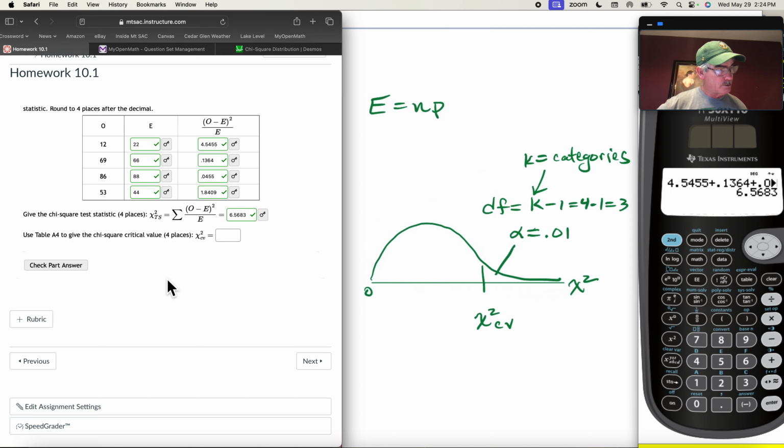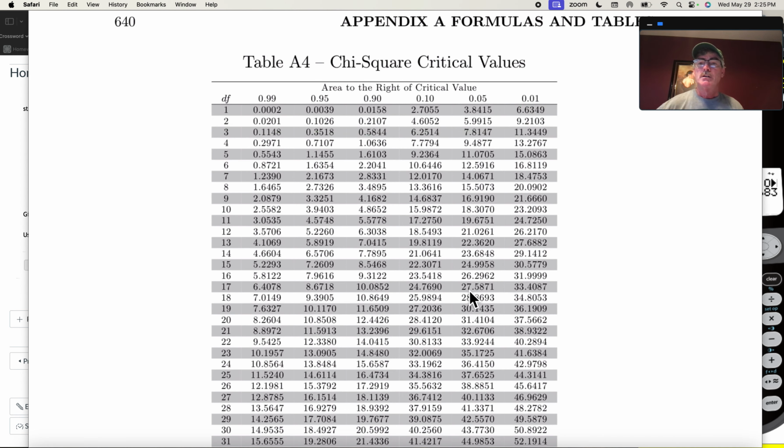So let me just slide up to that table. Okay, so with 3 degrees of freedom. Remember, again, it's a right-tail test always, so your alpha is 0.01 on the right tail. And so it's way down there, and here is our critical value. 11.3449. Okay, and again 3 degrees of freedom.